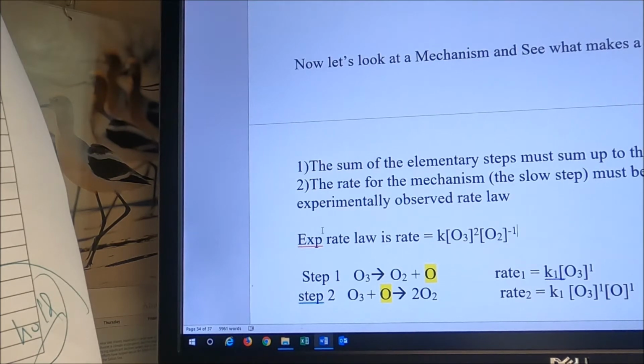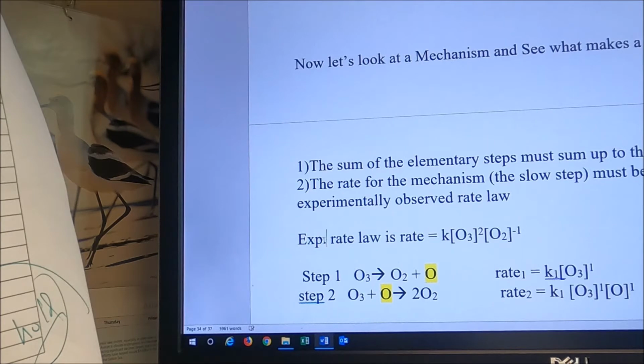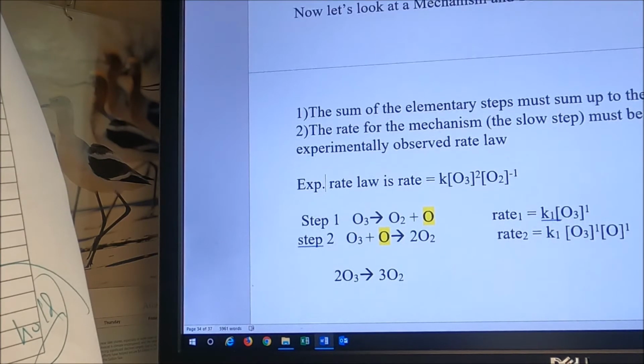Now guys, this is an unusual one for us because we haven't looked at any rate laws where we've had a product in the rate law, and we haven't looked at any with a negative exponent. But that's okay with what we're working with.